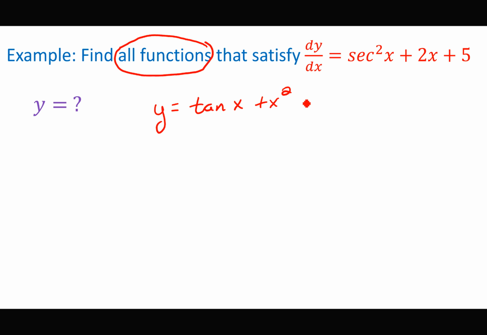And then the antiderivative of 5 would be 5x. But now for all of them, we need to tack on that plus c, because it says find all functions that have this derivative in red, the dy/dx piece. So all functions would be tangent of x plus x squared plus 5x plus c.